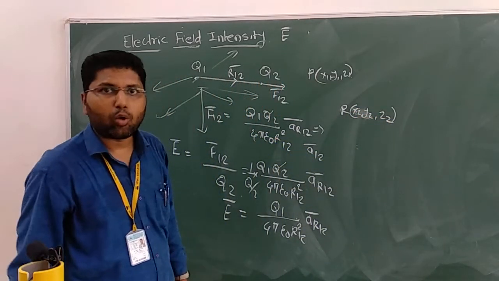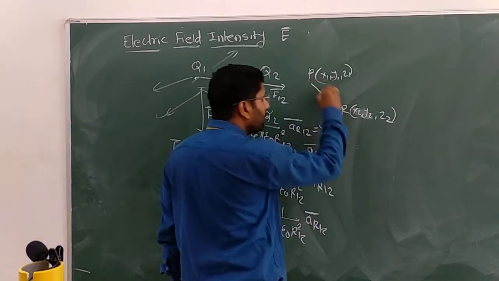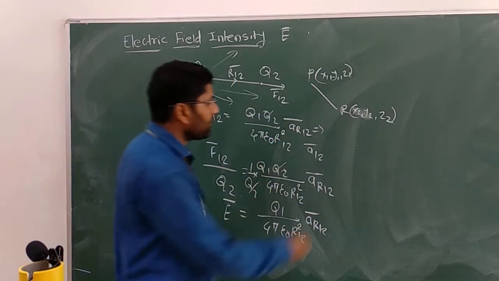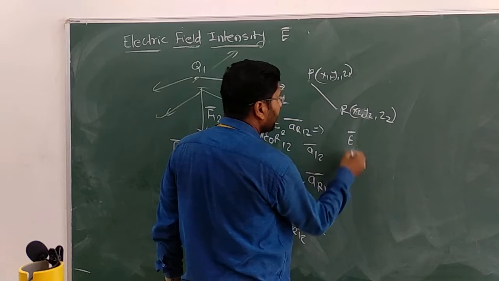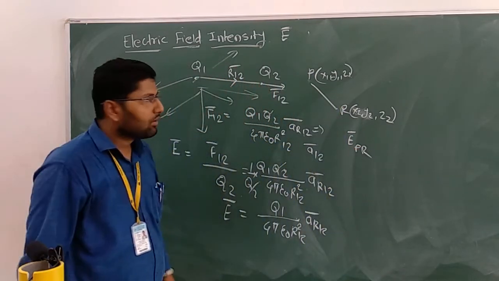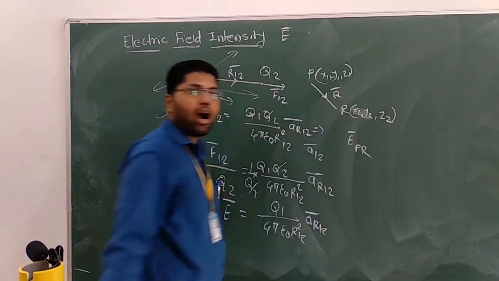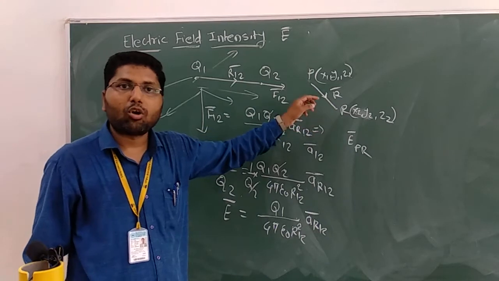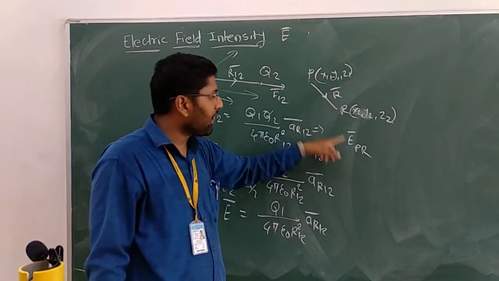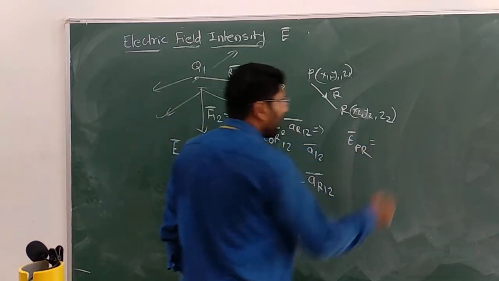So we have to find out the electric field intensity due to the point P onto the point R. That E bar, you have to calculate from P to R. Then that direction will be R bar towards R, because we have to calculate the electric field intensity on R. That's why E PR bar is equal to, what do you have to do?